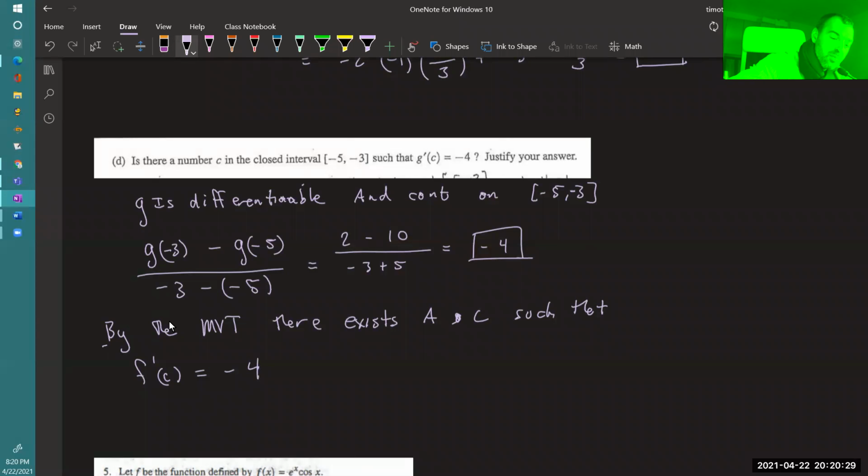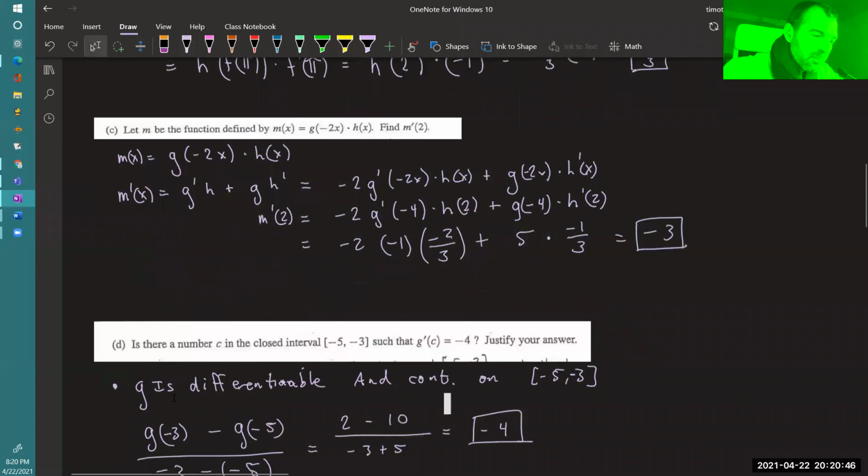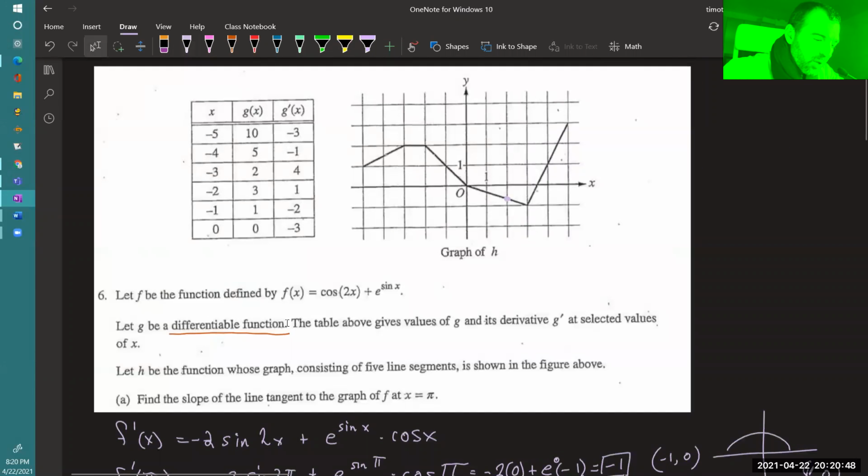You cannot invoke the mean value theorem, though, unless you actually have written down the fact that G is differentiable and continuous on the interval being spoken about. How do I know that? It says up here, G is differentiable. How do I know it's continuous?